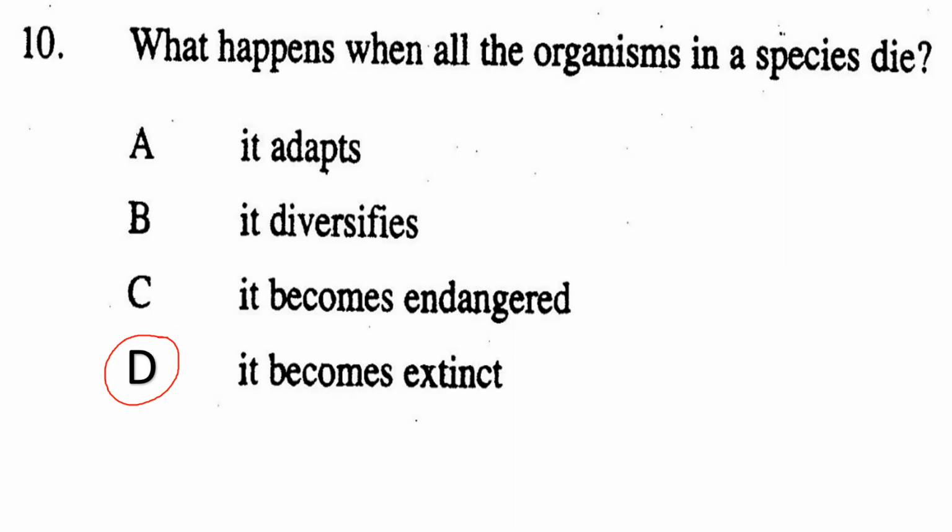Because there's no more of that species. So when the species die out and there's no more, then they say it's extinct. Please write this down. This is the first question for general science.